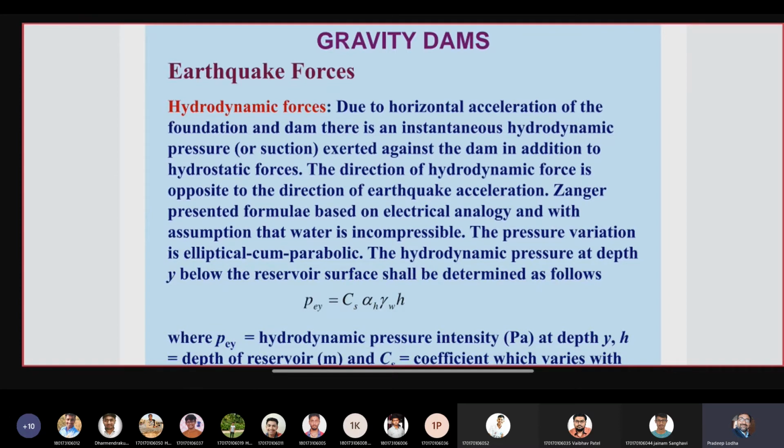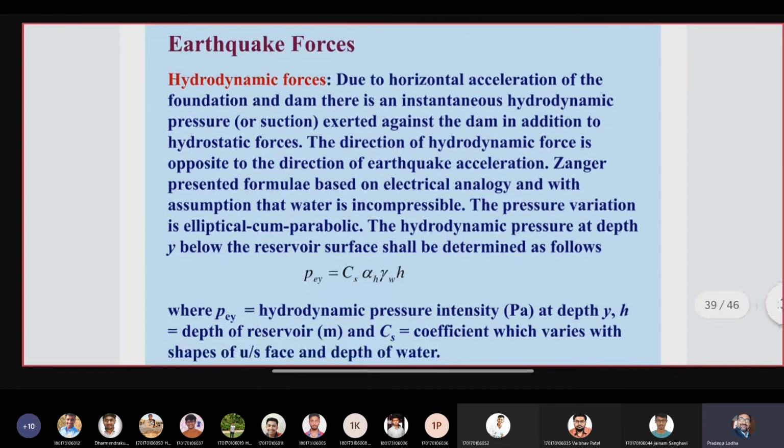It is a very simple formula, and we will look at how it helps us in calculating the hydrodynamic force. These forces are dynamic because waves are created in the water and the water exerts force onto the dam section.